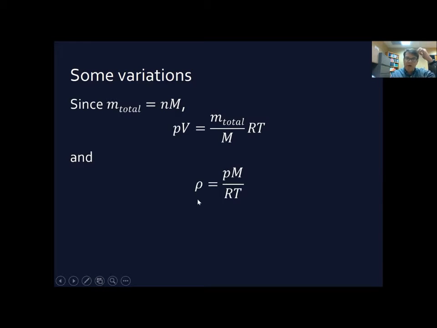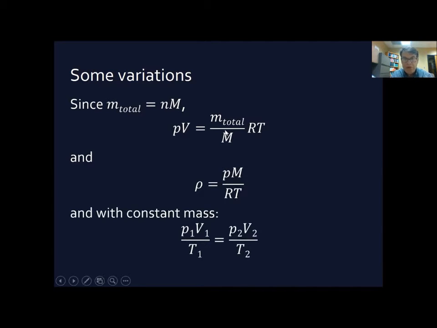The mass per volume, the density rho, equals the pressure times the molar mass divided by the R constant times the temperature. Okay, all we've done is use algebra to shuffle the components around in order to have a formula for something else. Okay, with constant mass, so if we have constant mass, PV equals nRT, or let's take this one here.